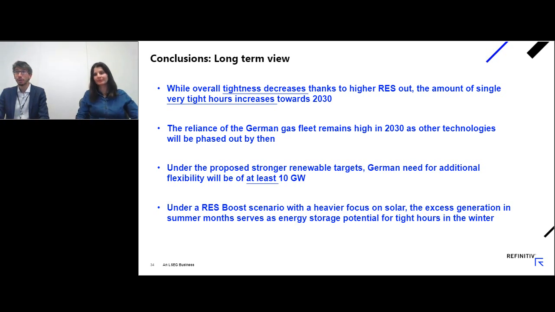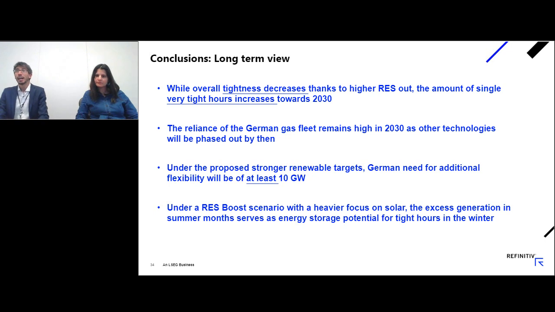And the third point is that under the proposed stronger renewable target, German need for additional flexibility, so here additional on top of what is already accounted for, will be of at least 10 gigs, even by removing the 1% tightest hours. So this is, I think, really the result I would like to focus on as a key point of this presentation.